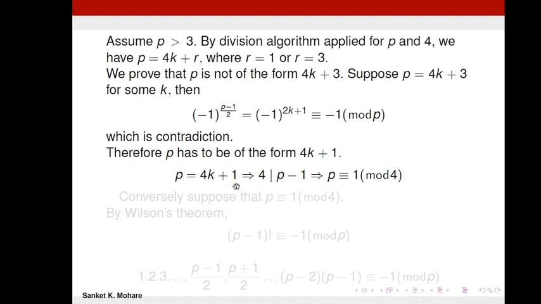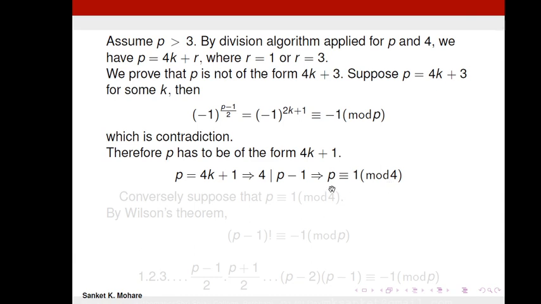Thus p is equal to 4k plus 1, which implies p minus 1 is equal to 4k, which implies 4 divides p minus 1. And as 4 divides this difference, this implies p is congruent to 1 modulo 4. So first we assumed x squared plus 1 congruent to 0 modulo p has a solution, and proved p is congruent to 1 modulo 4.